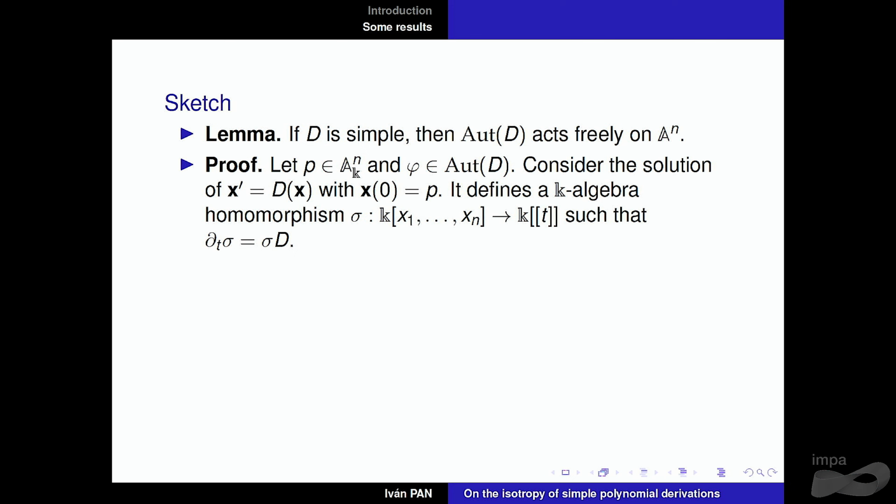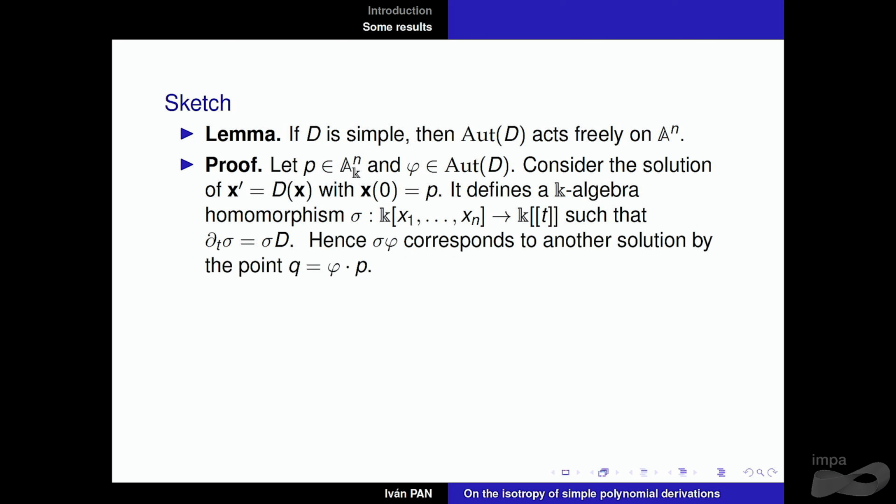Hence, the composite of sigma and phi corresponds to another solution, because it verifies the same condition, because phi commutes with D. Phi commutes with D, then you put sigma phi in place of sigma here, and it verifies the same equation by the commutation, because phi belongs to the isotropy.